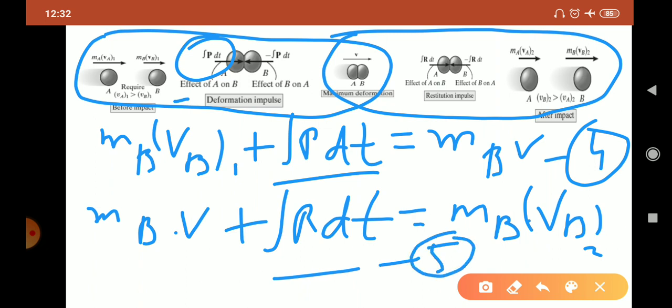Now again from these two equations, number 4 and equation number 5, we'll get the values of pdt and rdt. How? We'll take these two terms on the right side.